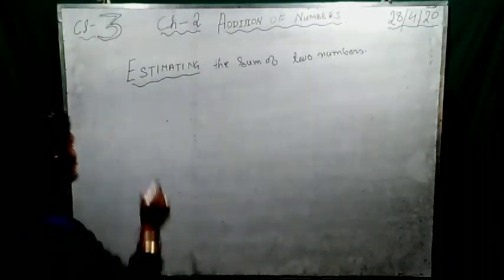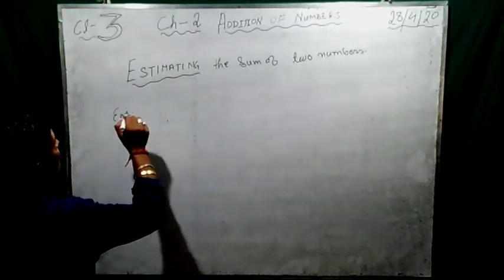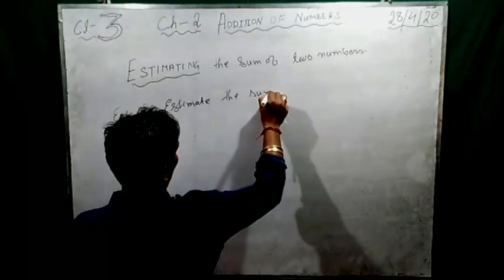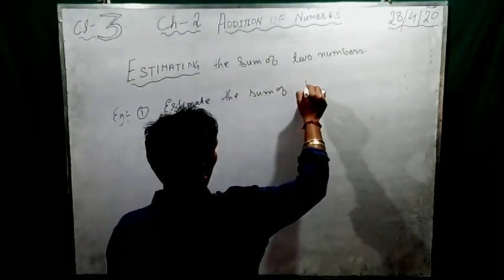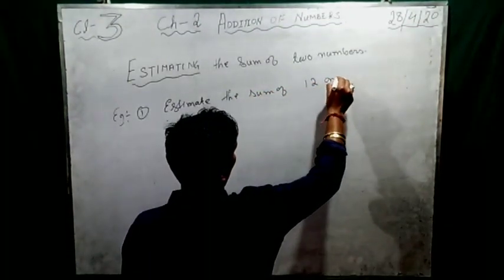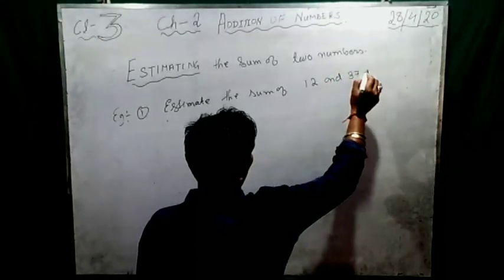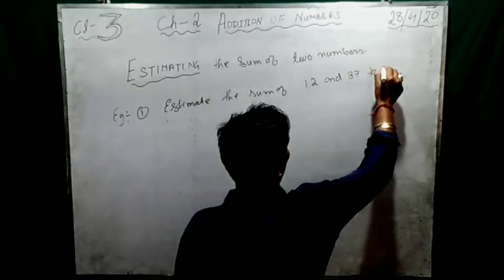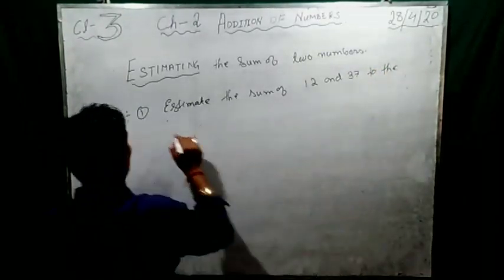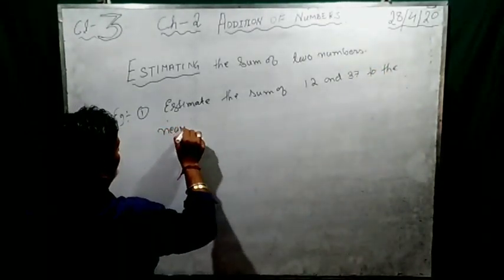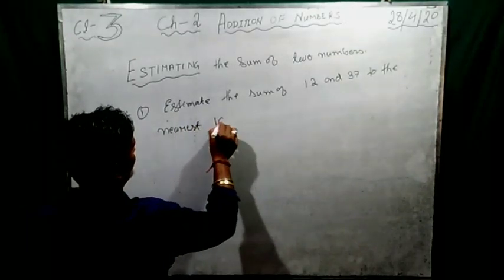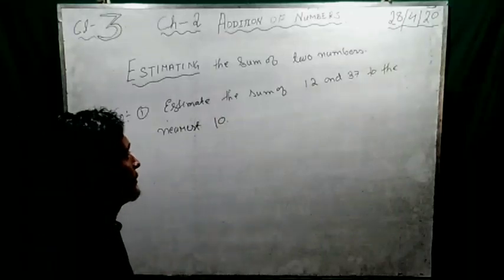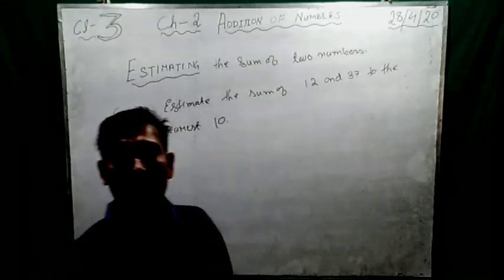Okay? Suppose, example 1: estimate the sum of 12 and 37 to the nearest 10.